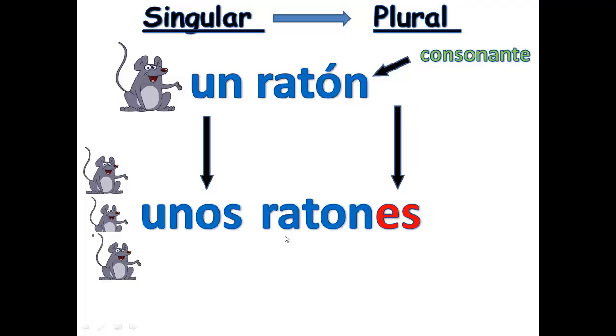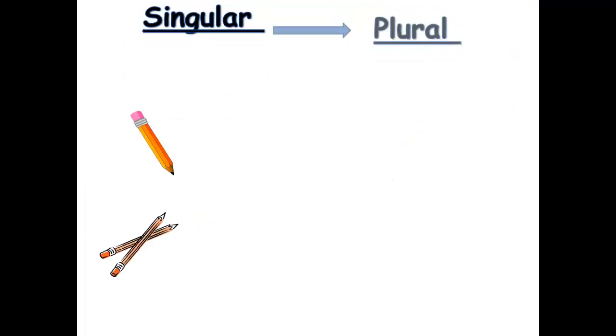So un ratón becomes unos ratones. We have seen this one as well with las estaciones versus la estación con acento. Las estaciones sin acento, without an accent. So just memorize that.